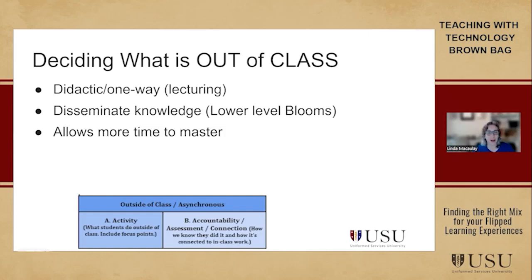Things that allow students more time to master fit really well outside of class, because remember, they have as much time as they need or are willing to devote to that learning when you assign it as the outside of class piece, because they're in control of the time limit.